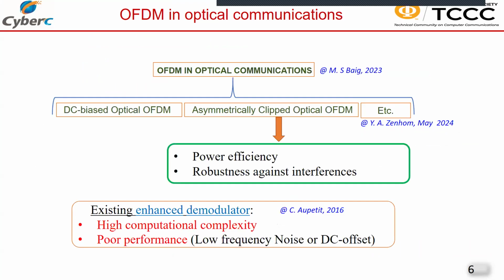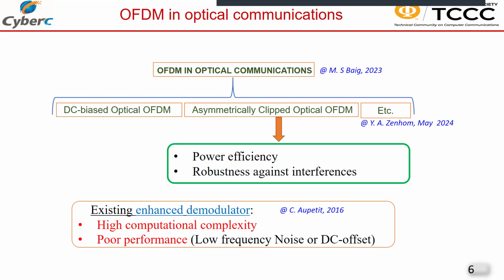That is why for optical communications, several variants of OFDM are proposed, including DC-biased optical OFDM, asymmetrically clipped optical OFDM, and other modulations. Among these techniques, ACO-OFDM stands out as a promising approach, offering significant advantages in terms of power efficiency and robustness against interference.